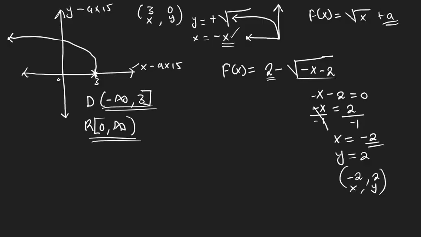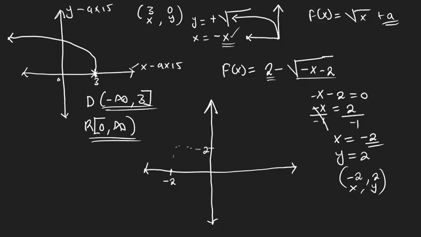So we can plot that. Let's try to plot this. We are going to have negative 2 here, and then we are going to have a 2 here. Henceforth, our point is going to be somewhere here. So we're going to have our point here.